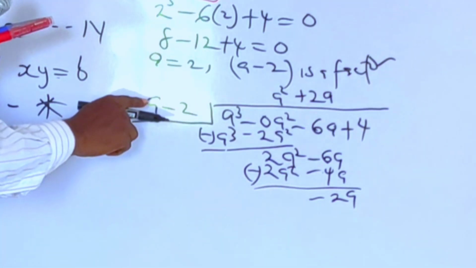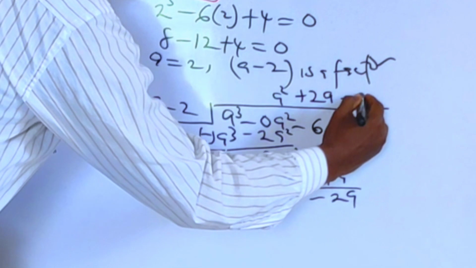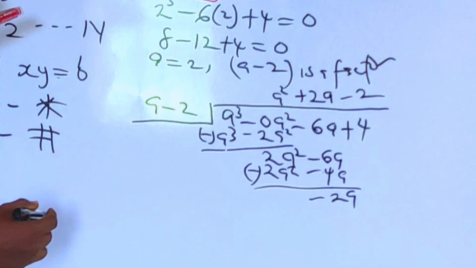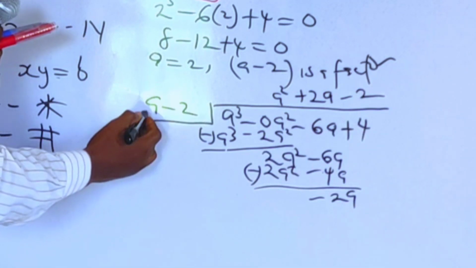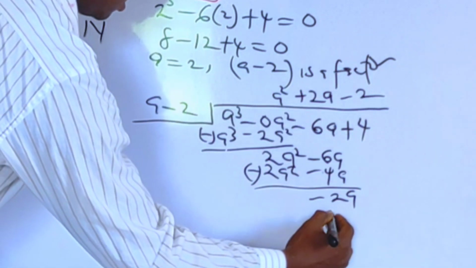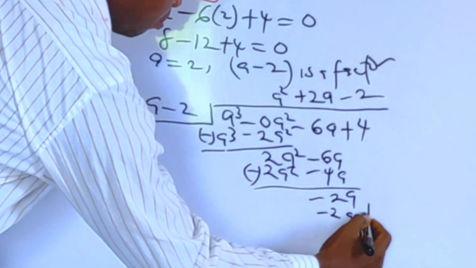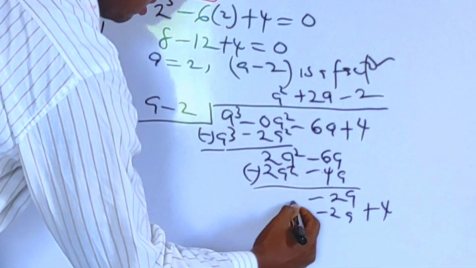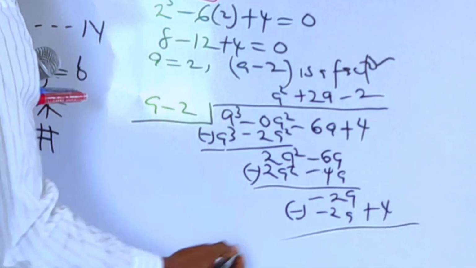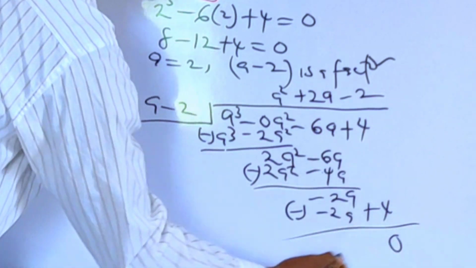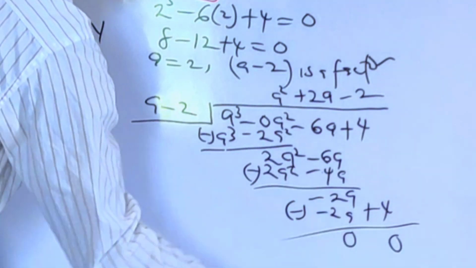Next, a here is negative 2. And a multiplied by that gives negative 2a, and negative 2 multiplied by negative 2 gives positive 4. We are subtracting again. So subtract 4 from 4 is 0, and subtract this from this is 0.